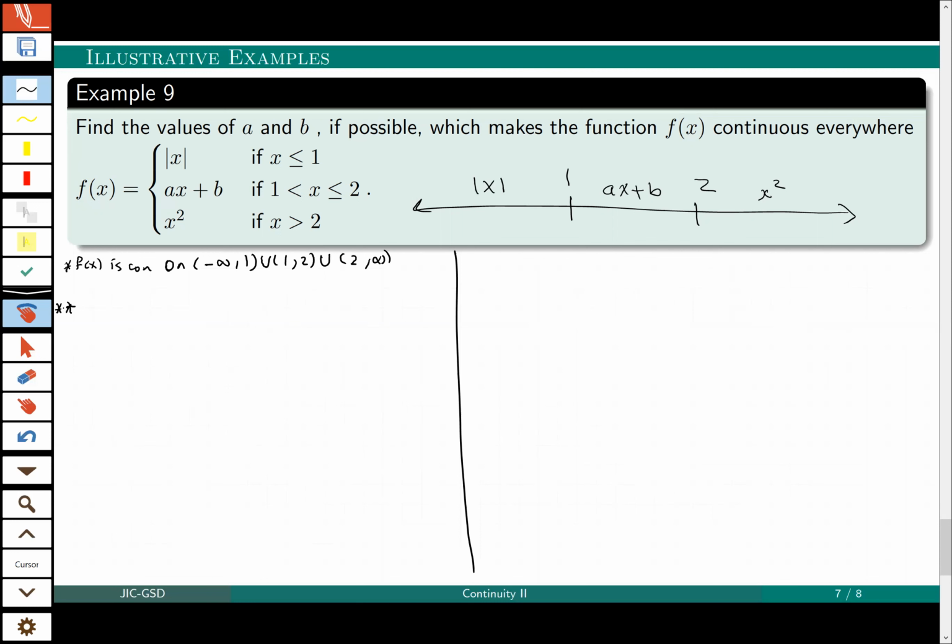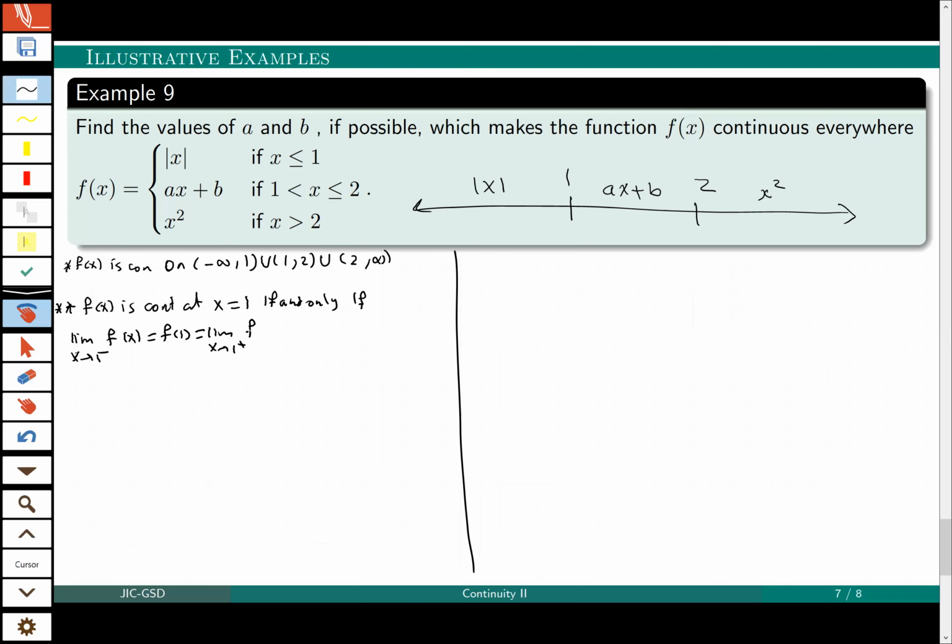The second condition, we need to say f of x is continuous at x equal to 1 if and only if the limit when x goes to 1 from left equals the value of the function at 1, which should equal the limit when x goes to 1 from right.